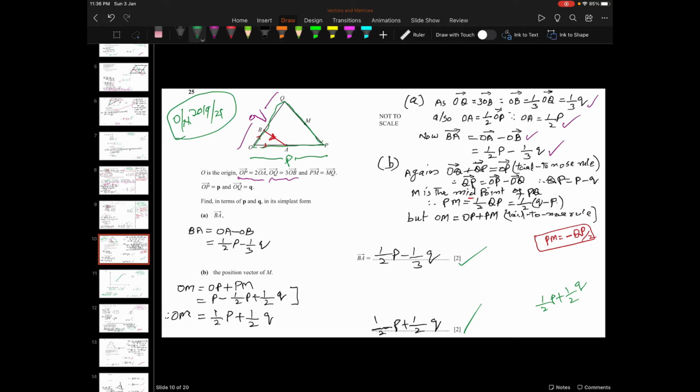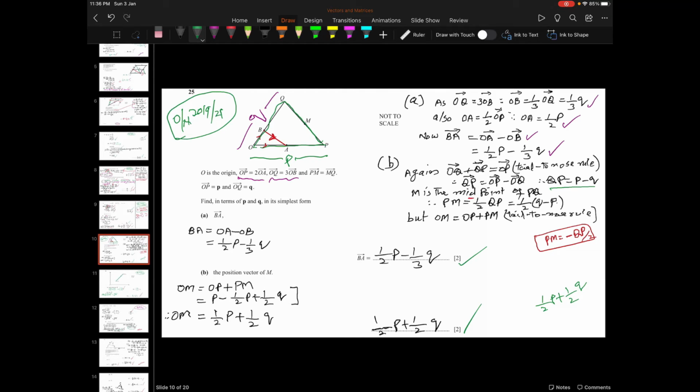Therefore, QP is equal to OP minus OQ. Now substitute the values of vector OP and OQ. Therefore, QP is equal to P minus Q.